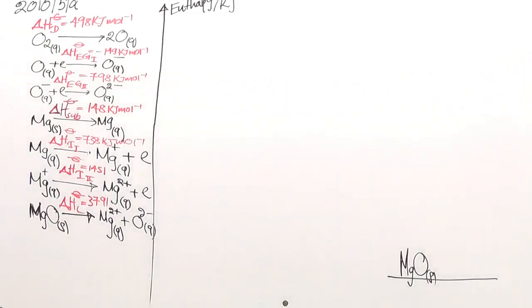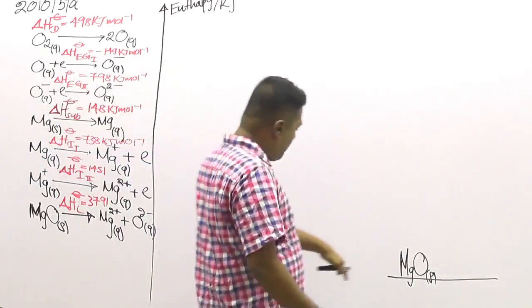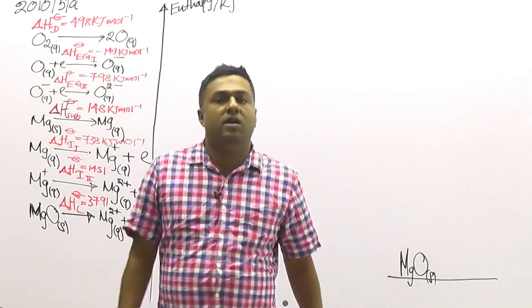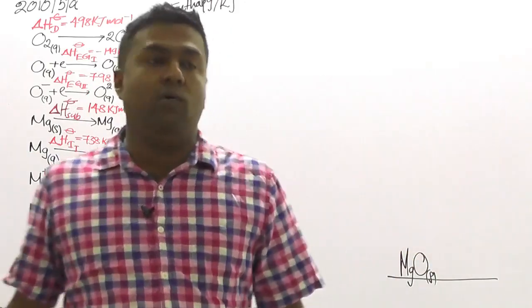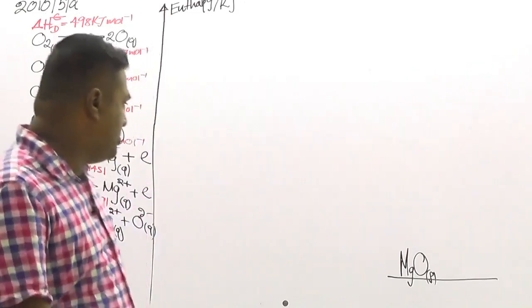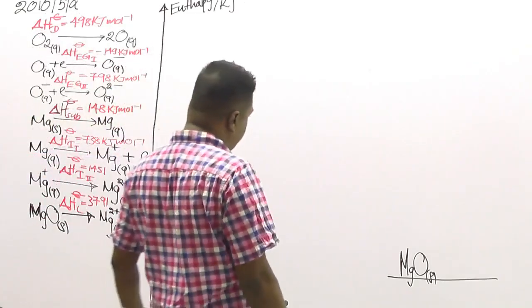Always take a much lower value in enthalpy to mention the level of the stable ionic compound, MgO solid.